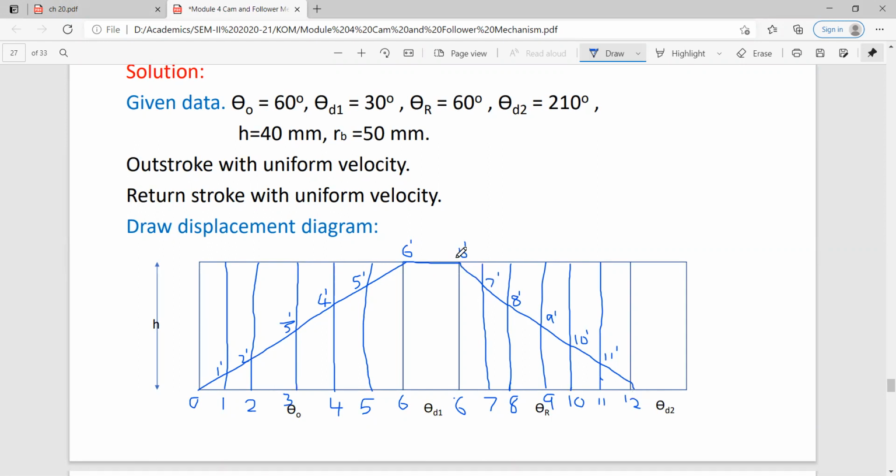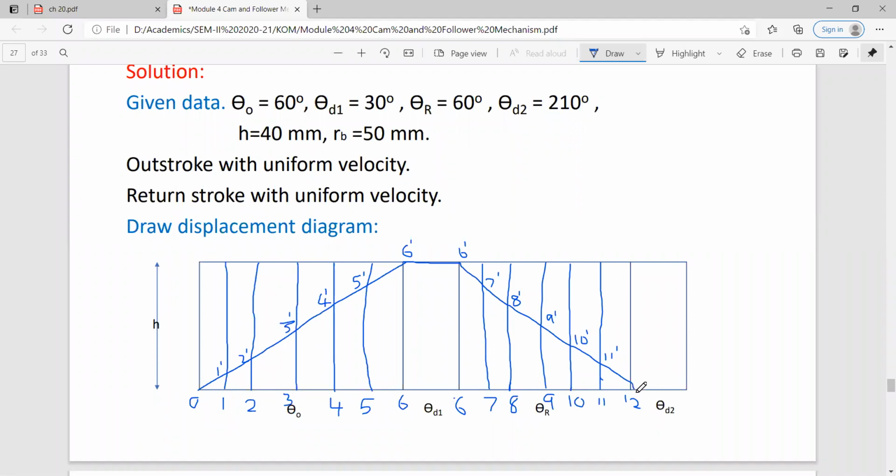Again, this graph is drawn as per the given motion condition, which is uniform velocity. So angle of return is given as 60-degree, and then we also marked angle of dwell, that is 210 degrees.